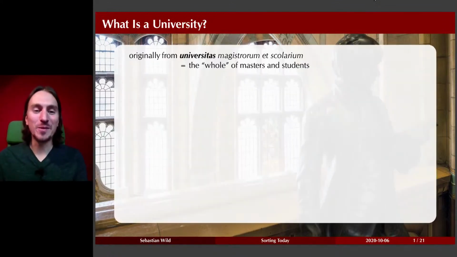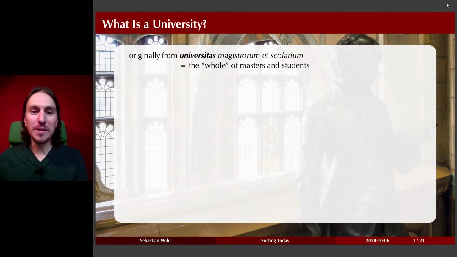another way to answer the question is, let's look at where the name comes from. It derives from the Latin phrase Universitas Magistrorum et Scholarium, where universitas is just the whole or everything. That's where the universe comes from.